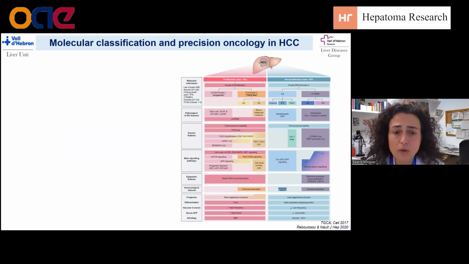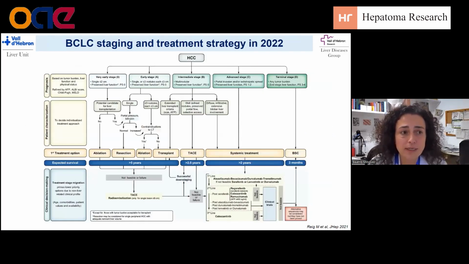But when we look at the frame where we move in clinics, there are different staging classifications, but the most extensively used is the BCLC that you are probably familiar with.